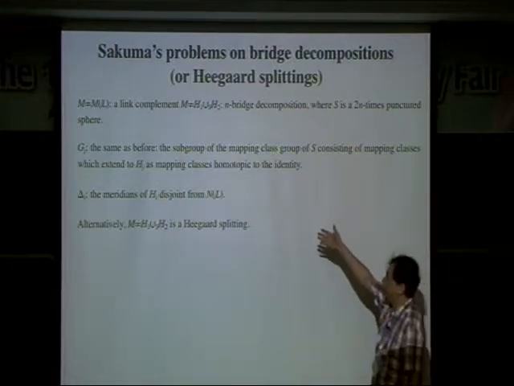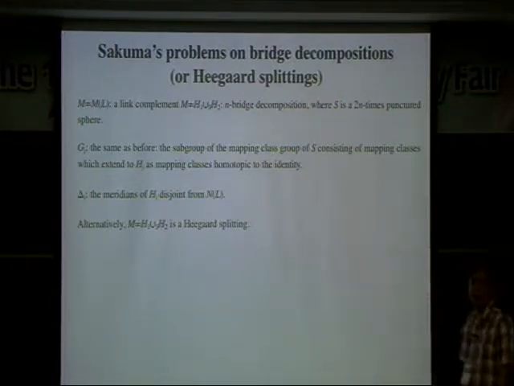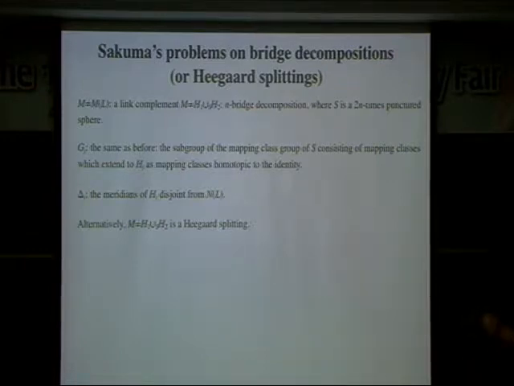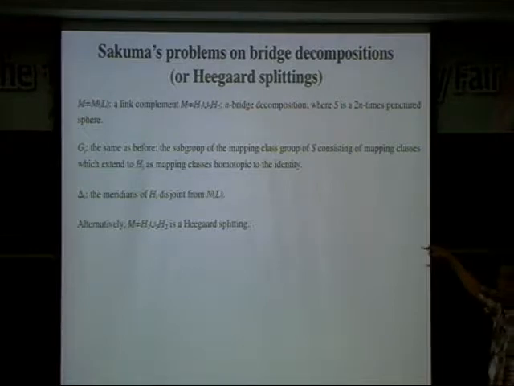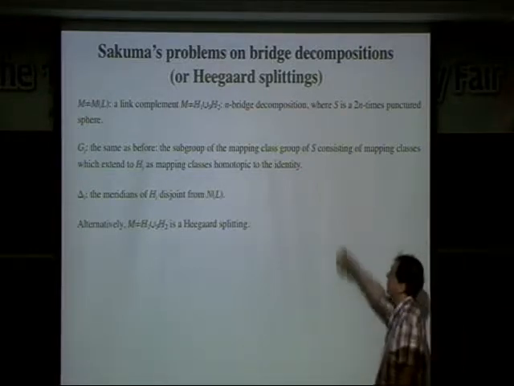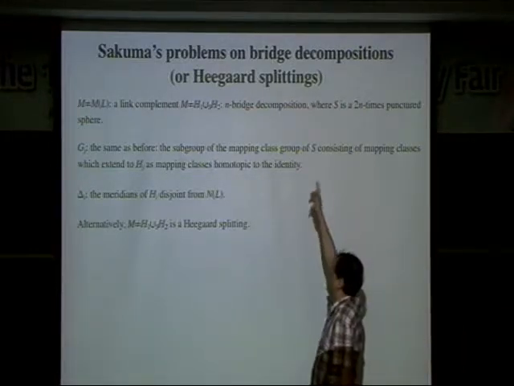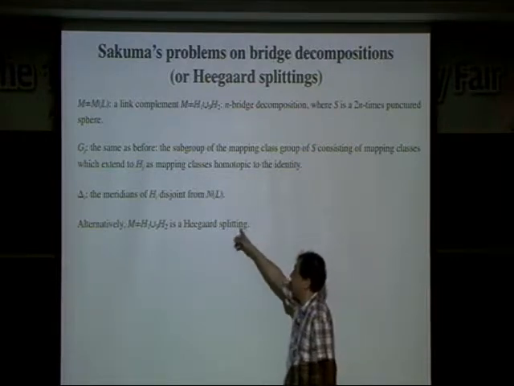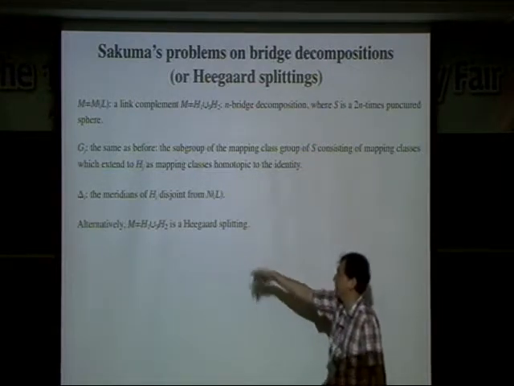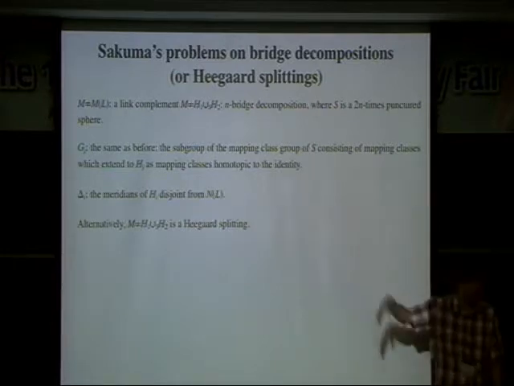And as before, we consider the set of meridians, that is, the boundaries of compressing disks in H1 or H2. So this is the situation of the n-bridge decomposition. Or, as before, you can consider the Heegaard splitting. These are quite parallel.